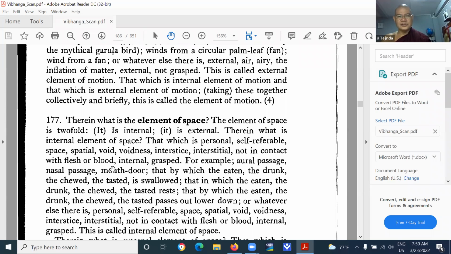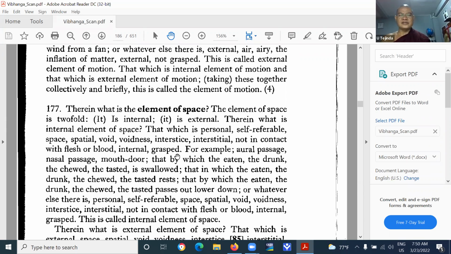The space which is not in contact with the flesh, which is not in contact with the blood. So there is a kind of space also there. Internal, ajjhattam upadinnam. That means the space inside our body, inside the body of beings. The space inside the body of a being is called ajjhattika, internal element of space.